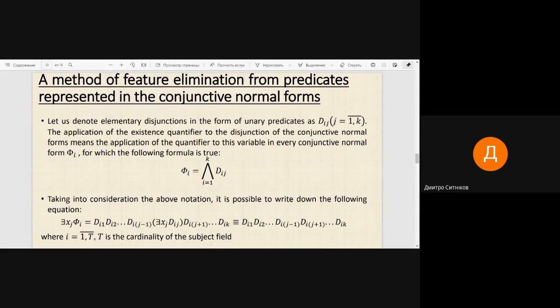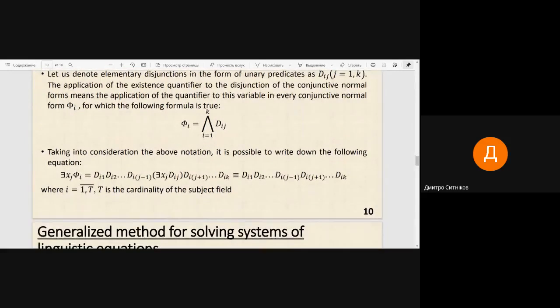Then we consider a method for feature elimination from predicates represented in the conjunctive normal forms. Let us denote elementary disjunctions in the form of unary predicates and the application of the existence quantifier to the disjunction of the conjunctive normal forms means the application of the quantifier to the variable in every conjunctive normal form for which the following formula is true.